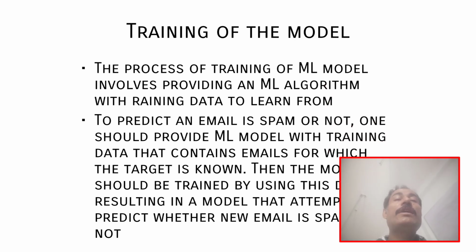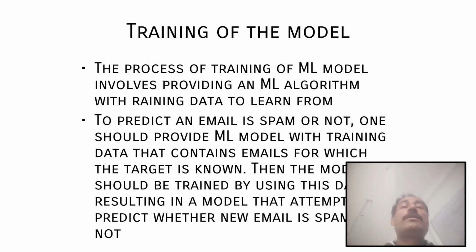Now, training of the model. The process of training the model involves providing an ML algorithm with training data to learn from. Here is an example: to predict whether an email is spam or not, one should provide the ML model with training data that contains emails for which the target is known.